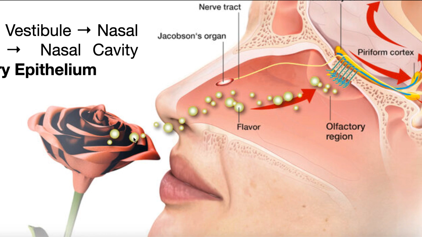So they're moving from the rose, they travel in the air, and they're going to have to enter the nasal cavity. So they're first going to move through the nostril, and then they'll end up in the nasal vestibule right here. They'll then move into the respiratory region of the nasal cavity, and then eventually up to the olfactory region of the nasal cavity.